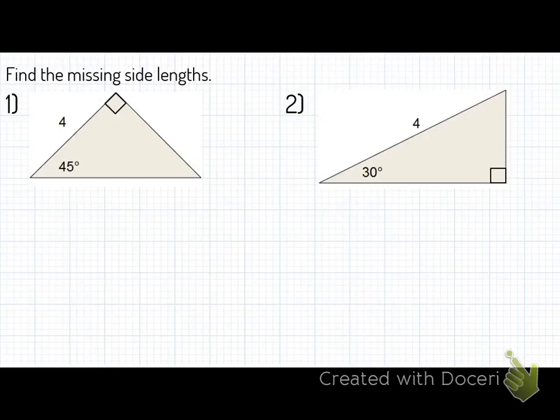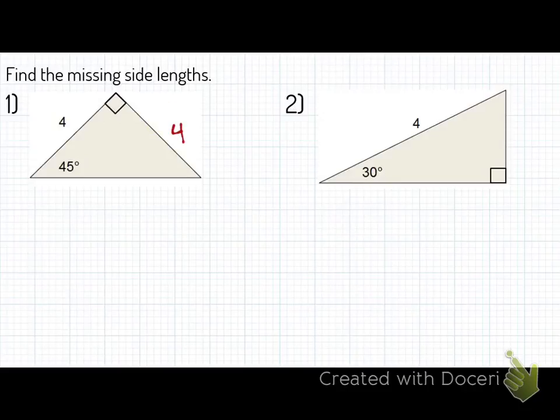First off, I can see here that this is a 45-degree angle, and that makes me assume that this is going to be a 45, 45, 90 triangle. So I can assume that this right here is going to be the hypotenuse and these are going to be the legs. Now that I know those are the legs, this one is going to be 4 as well, because the legs are always exactly the same.